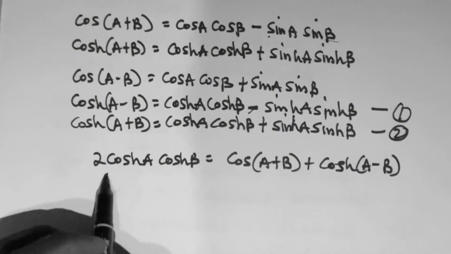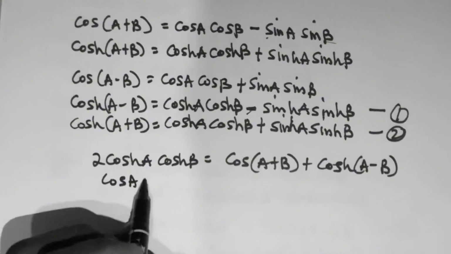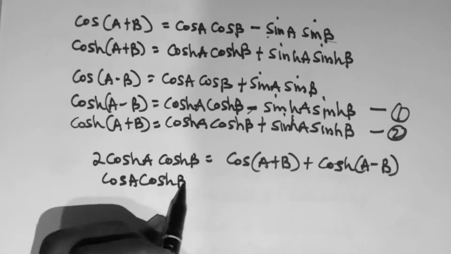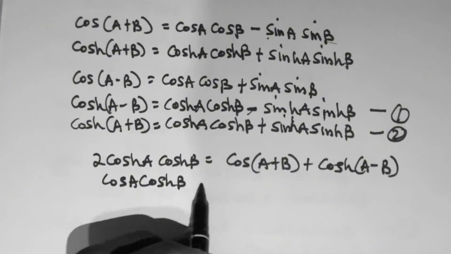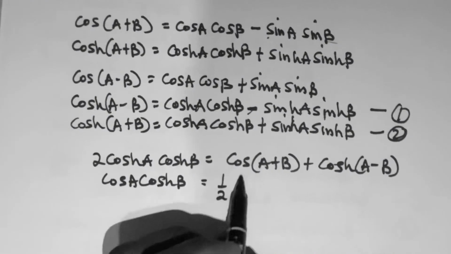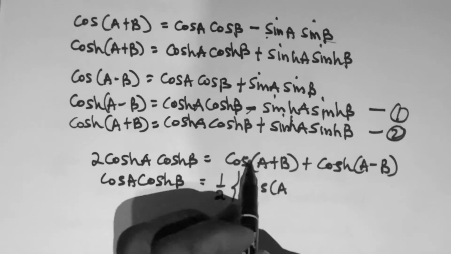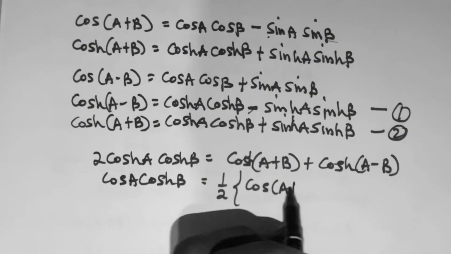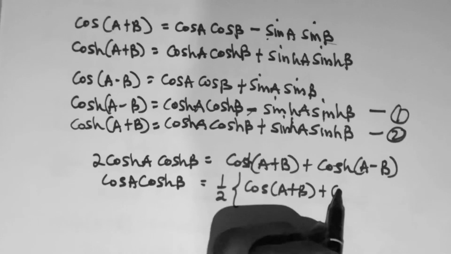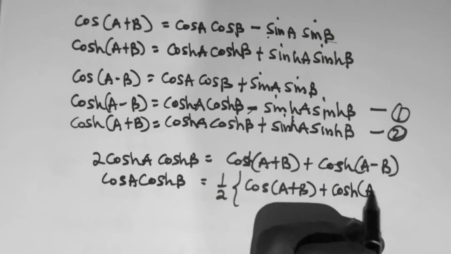So if we make cos A cos B the subject, we are going to get that to be equal to half of cos(A plus B) plus cos(A minus B).